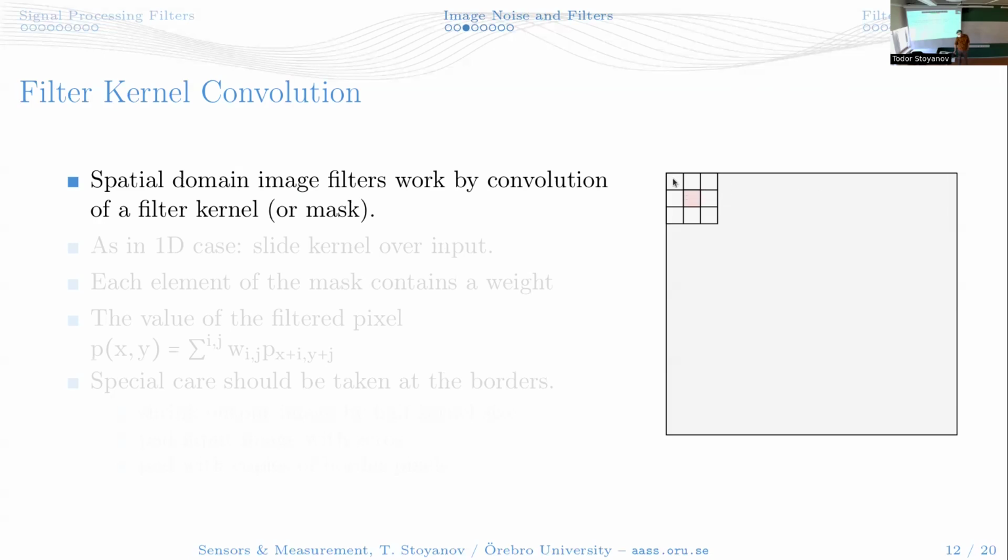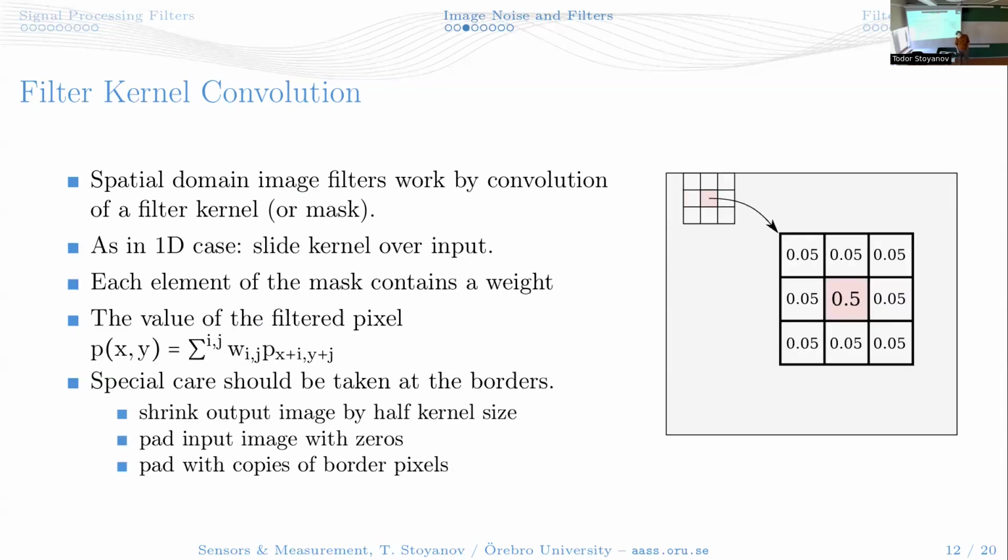This first pixel is overlapped. So how do I deal with this first pixel? How am I going to produce a value for the image in this place? And if my kernel size is 9 by 9, I'm not going to lose just one pixel, I'm going to lose 4 pixels around the border if I start from here.